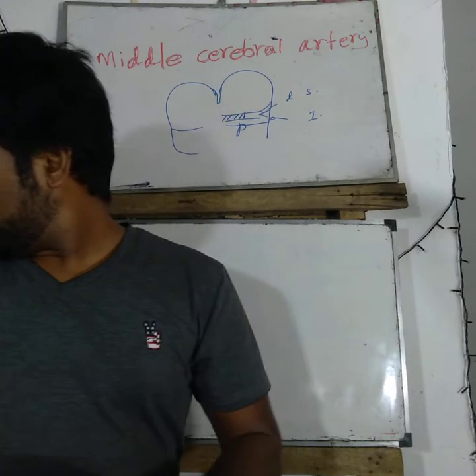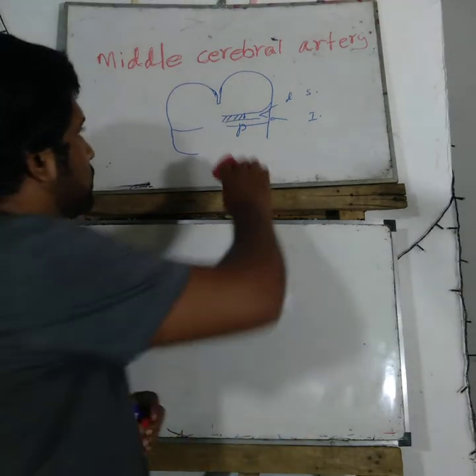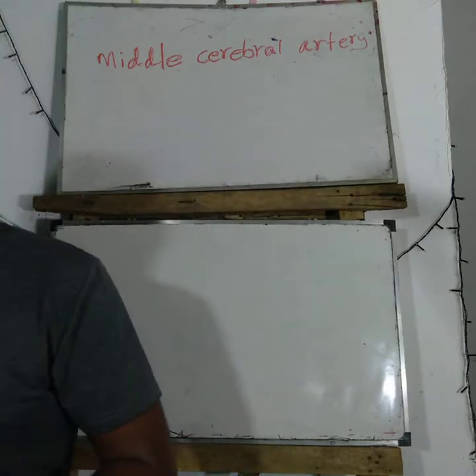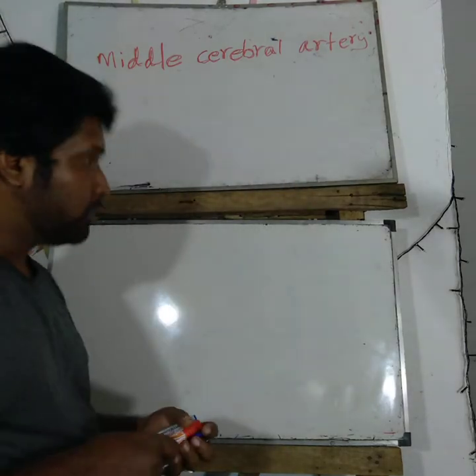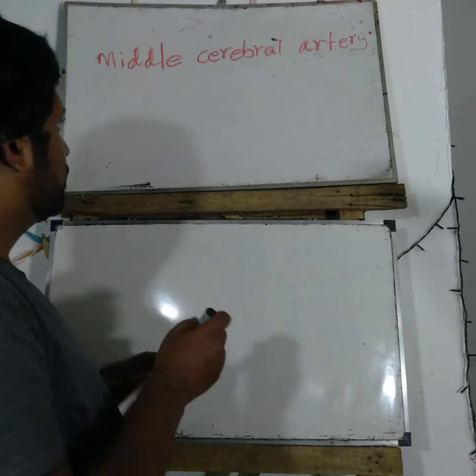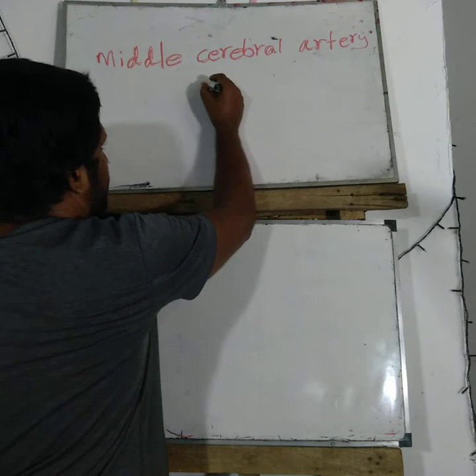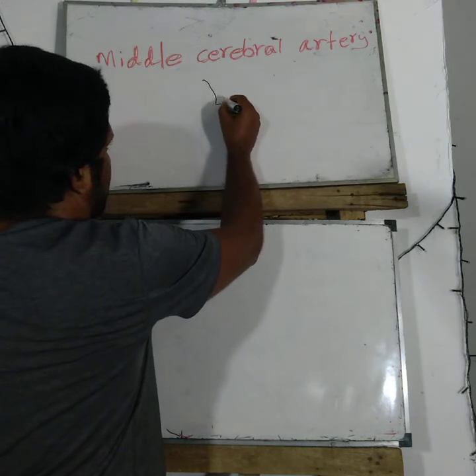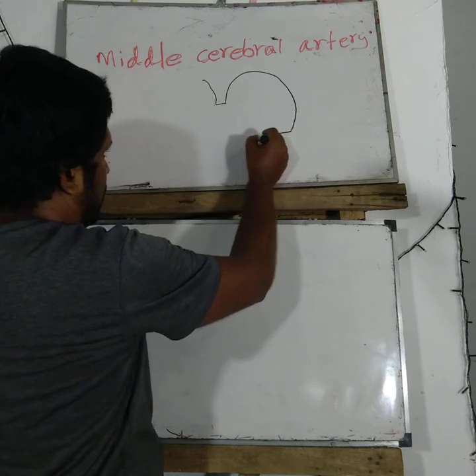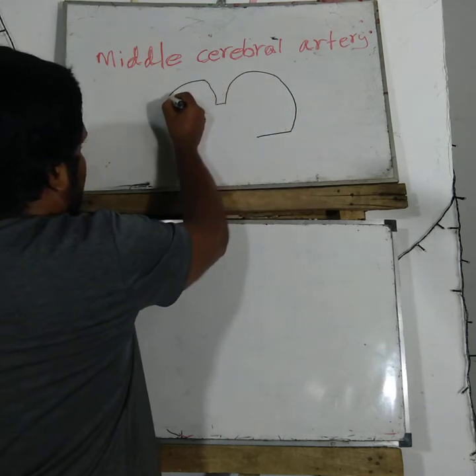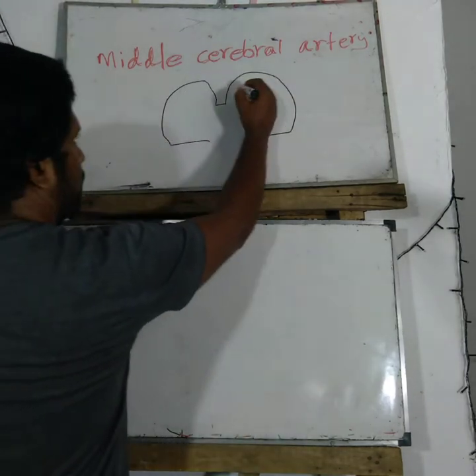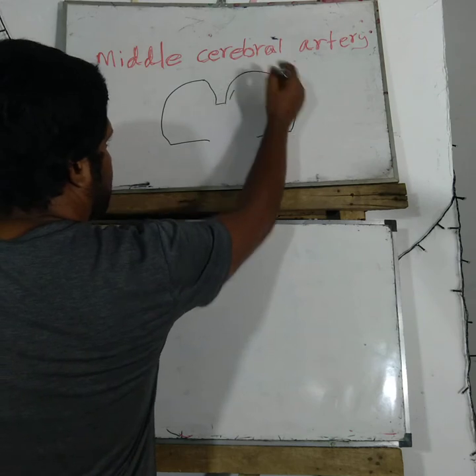Right, we are going to draw a small skull and a small brain. This is the skull.